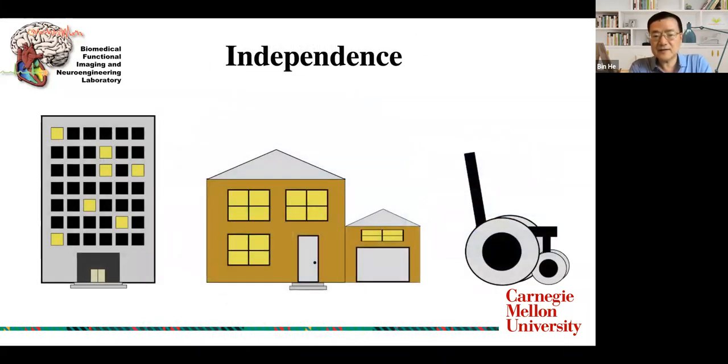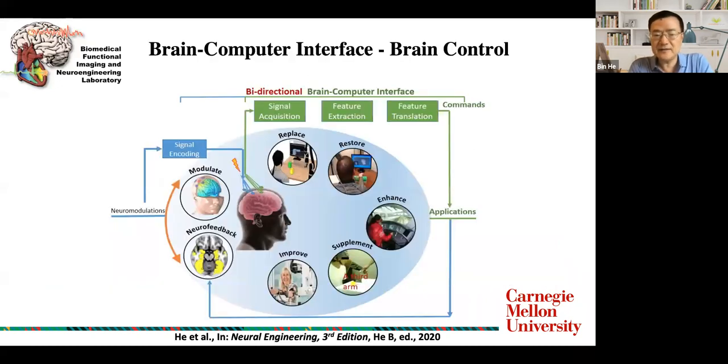If you ask these patients with paralysis, most of them are going to say that they really deserve and want to have independence, whether you are living in a household or a nursing home, or you want to gain the independence to move around. This slide illustrates possible BCI applications.